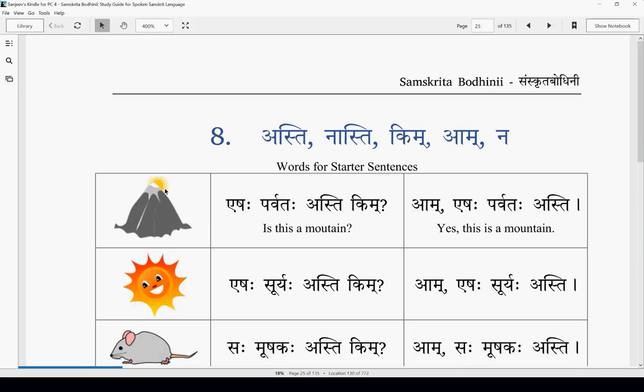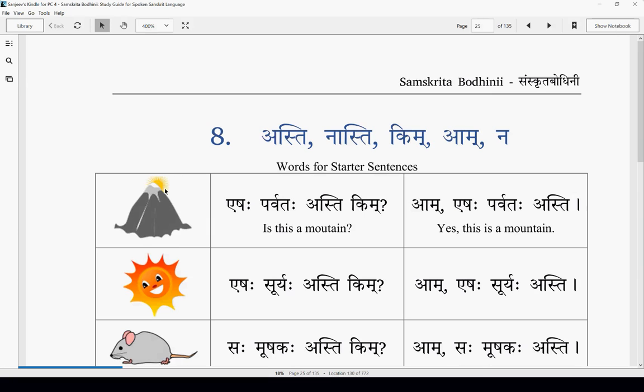So we are not asking here etat kim or tat kim. Here we are using kim as an actual question word. So here this kim has no gender actually, whereas in the previous case, kim had a gender. Kim was a neuter gender, that was napumsakalingam.